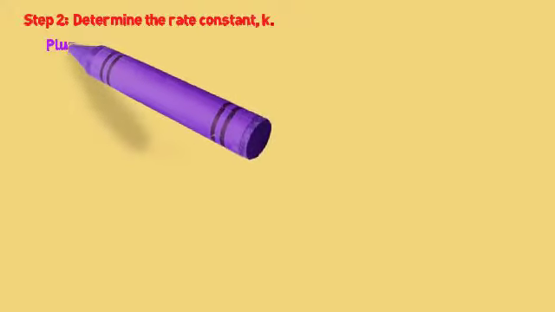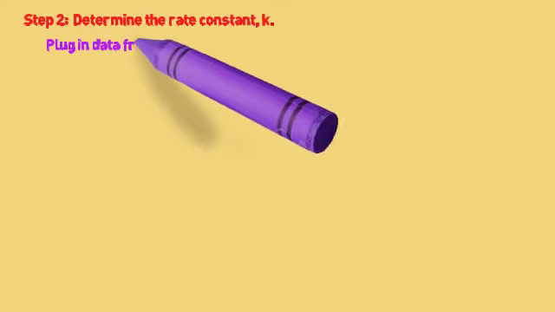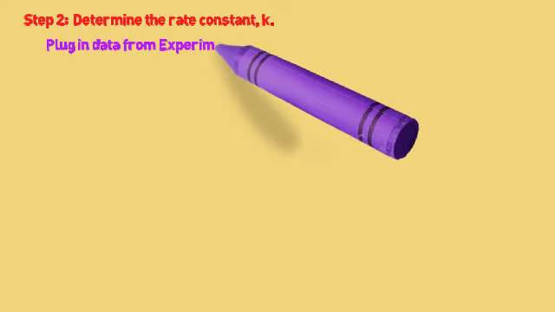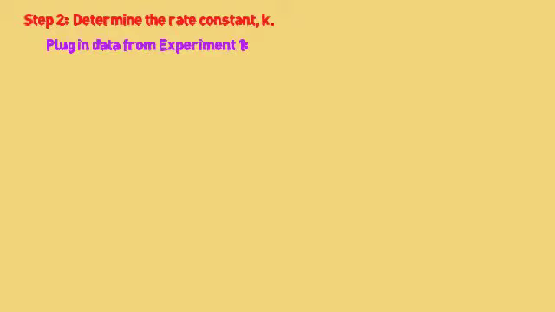Step 2. Now we have to determine the rate constant, which is K. You can pause and try it, or continue. We're simply going to plug in the data from the first experiment. We could do the second one or the third one. It should come out the same.